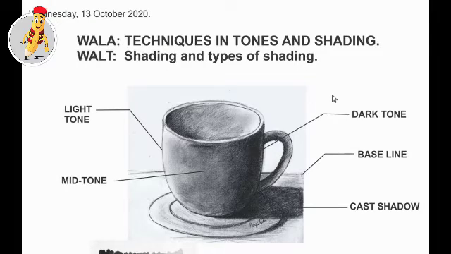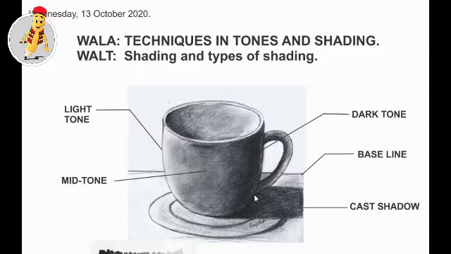So today we'll be looking at the simple techniques you can apply to achieve that, and also we'll be looking at types of shading. So let's go. The diagram in front of us here shows the various parts of a shading. These are the things you need to note when you want to shade.